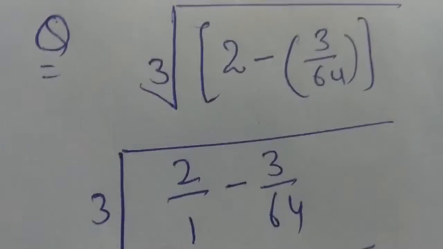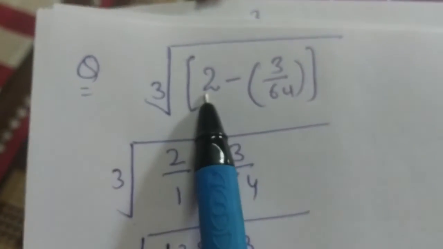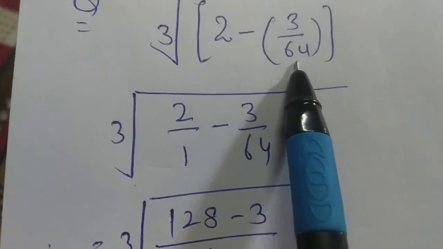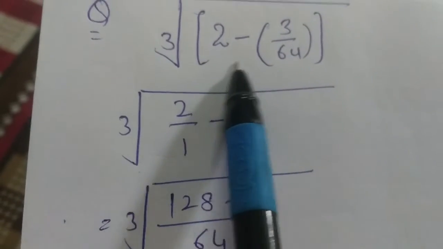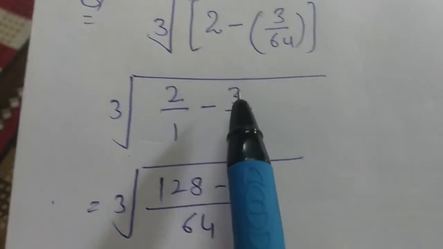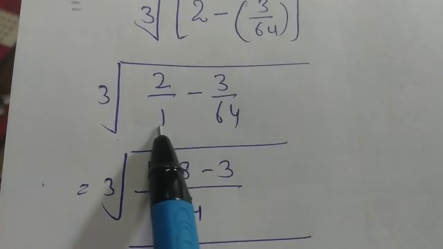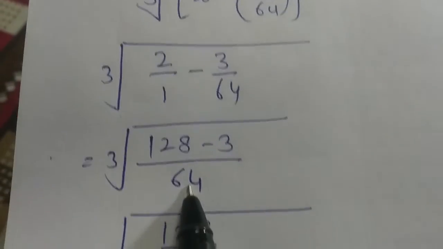Your next question. This is cube root of 2 minus 3 upon 64. First of all, we will take the LCM of these two numbers. I can write it as 2 over 1 minus 3 over 64. Take the LCM of these two numbers. It is 64.